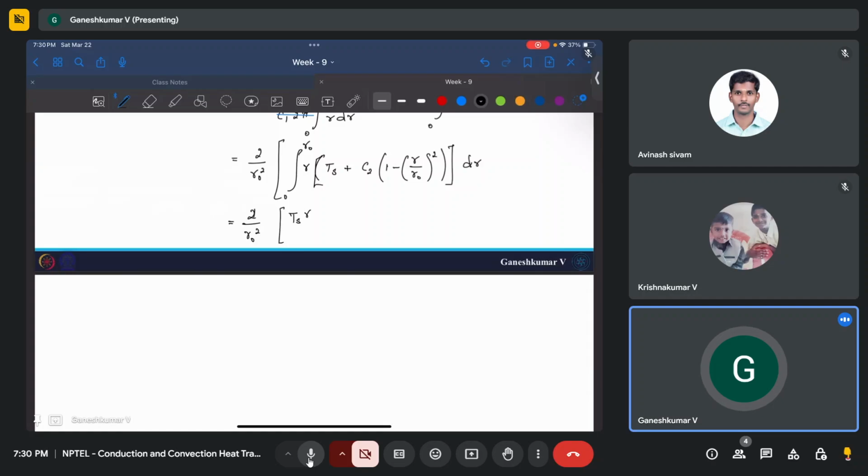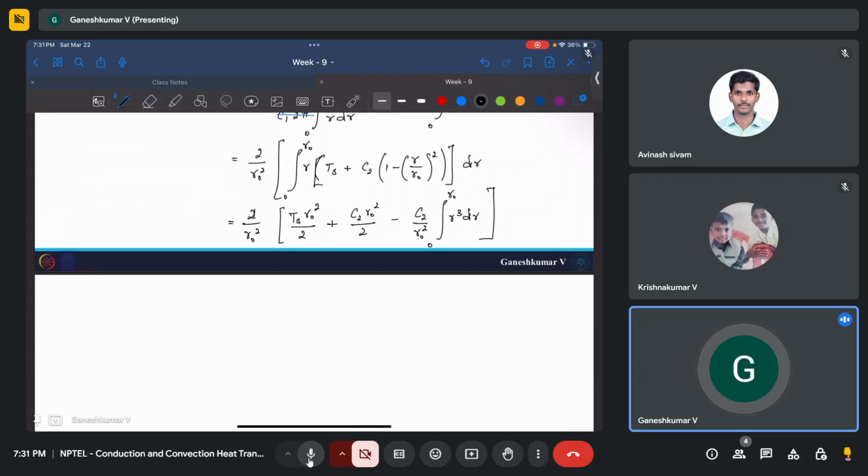So you can write simply R naught square by 2 plus, similarly, C2 times R will be there. Again C2 R dr, you can write as C2 R square by 2, and if you substitute the limits, it becomes C2 R naught square by 2, and finally you have C2 by R naught square into integral of R into R cube dr, right? 0 to R naught.